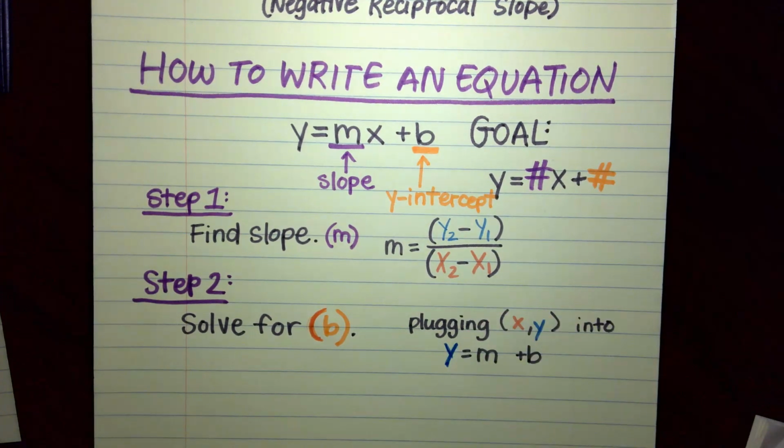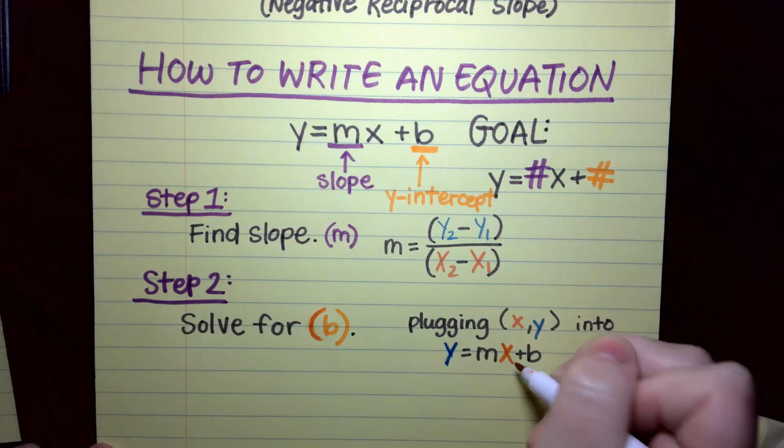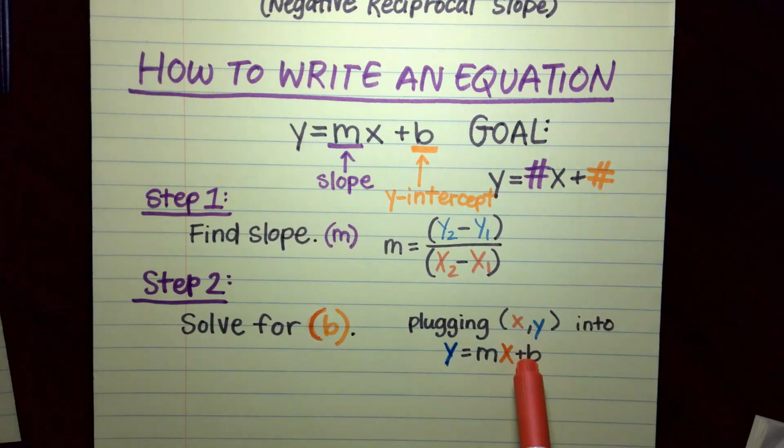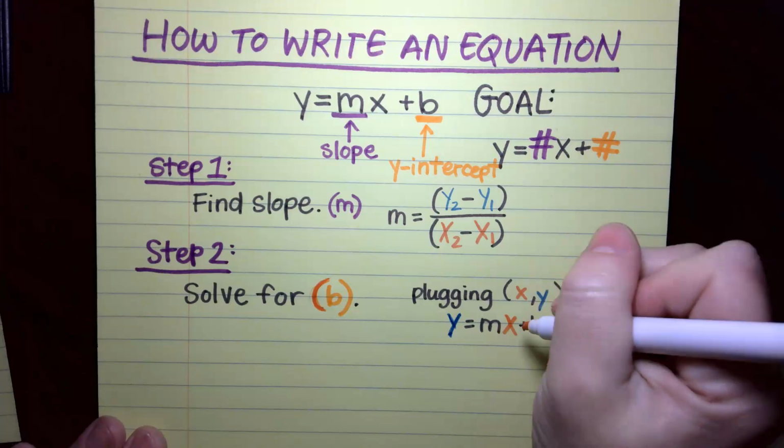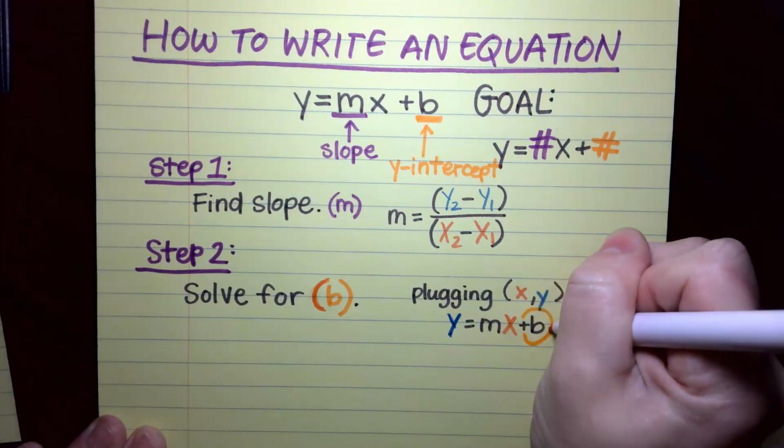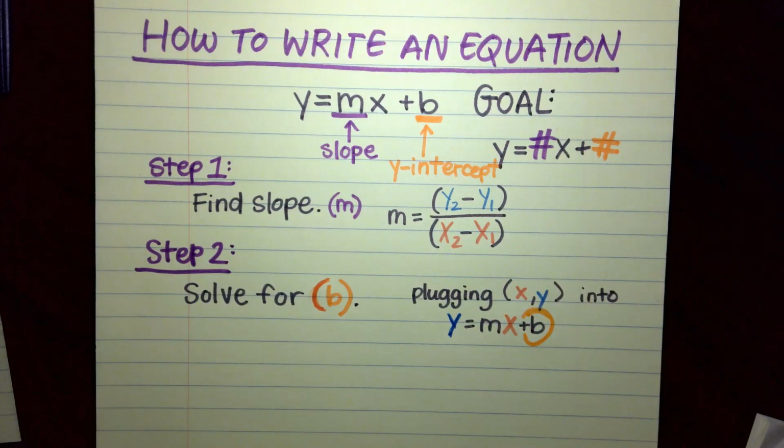Okay. So that's how we would solve for B here, by plugging it into y equals mx plus b. And we're trying to find out what our B is.